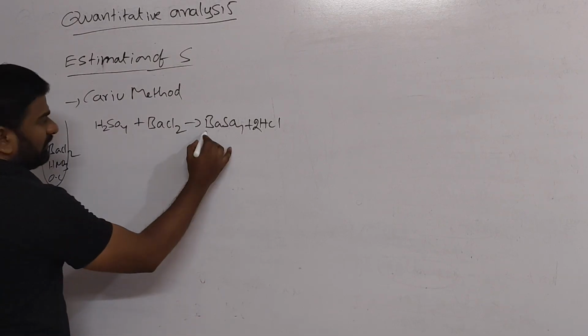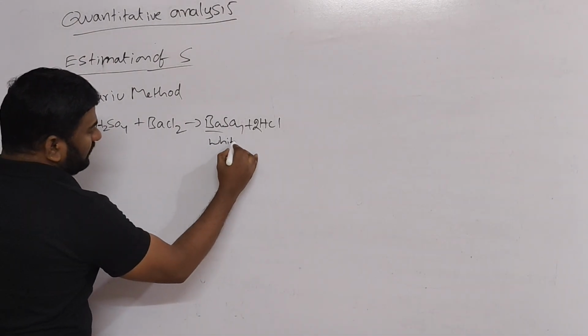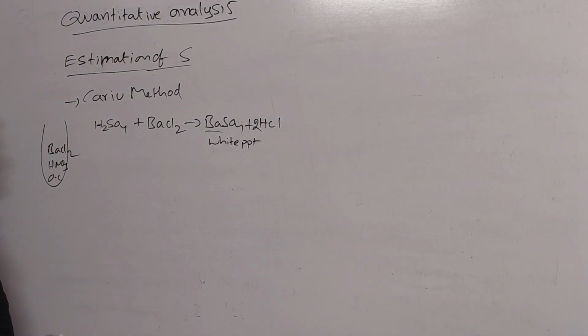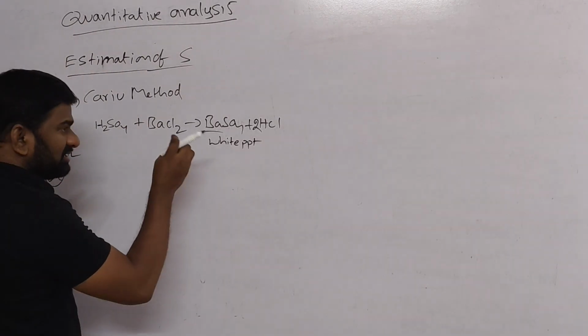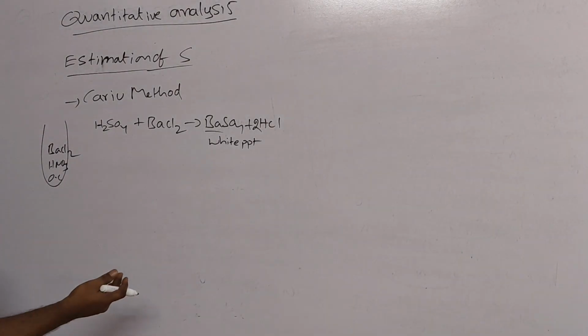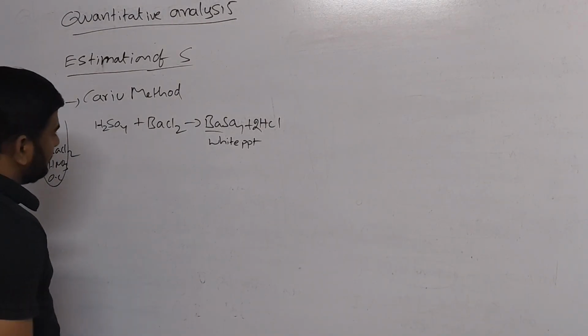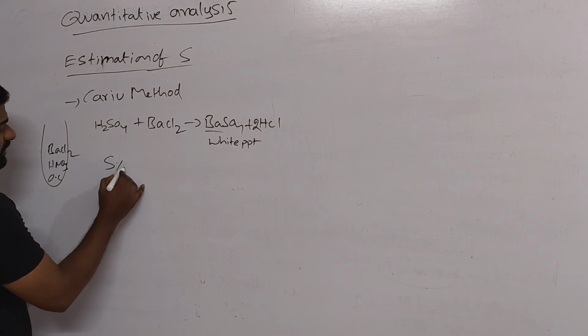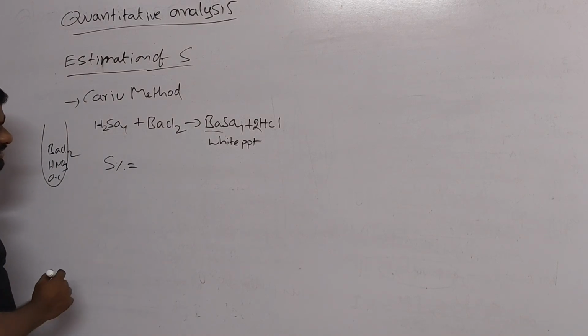Barium sulfate is a white precipitate. This white precipitate is washed and dried, then the weight of BaSO4 is calculated. Once the weight of BaSO4 is calculated, we can calculate the sulfur percentage.